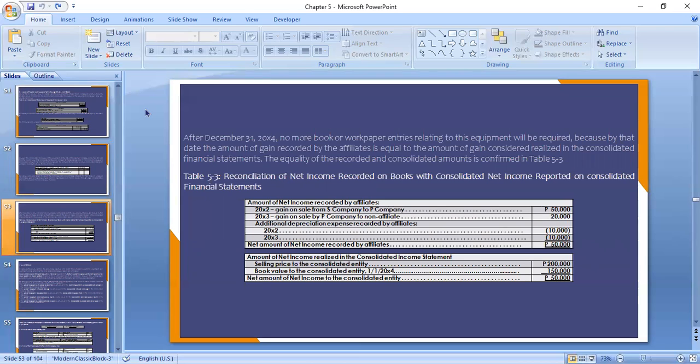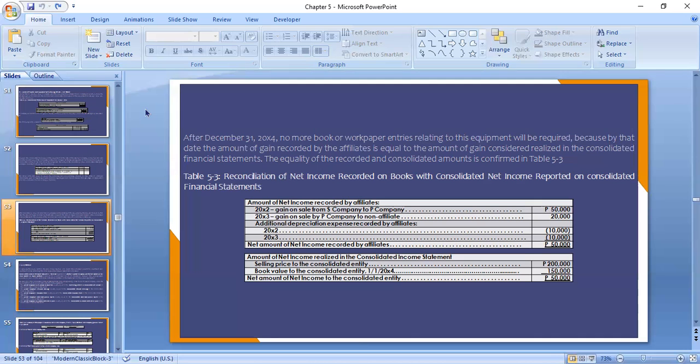So for the amount of net income to be recorded by the affiliates for 20x2, 20x3, gain on sale from S company, considering that we have a downstream sale and gain on sale for 20x3 in the amount of 20,000.